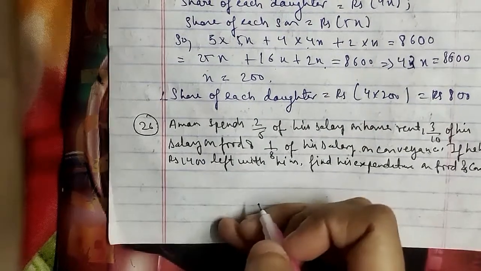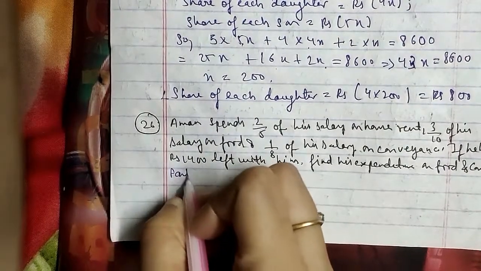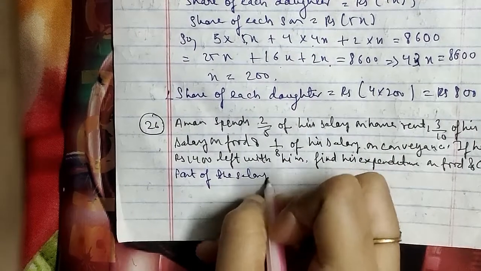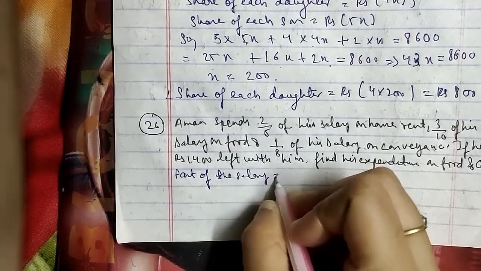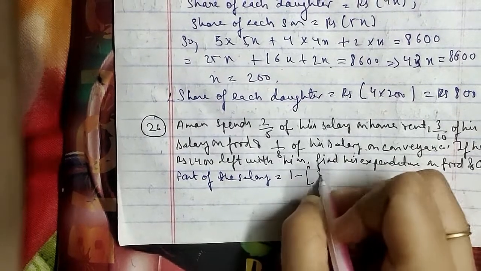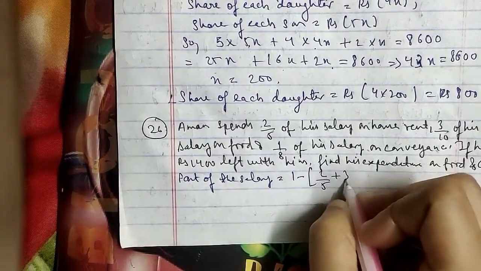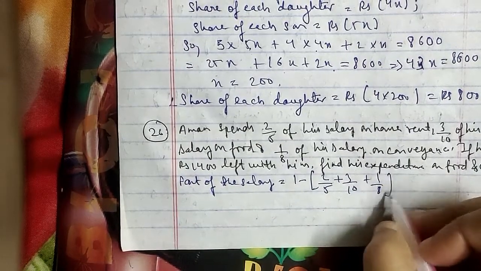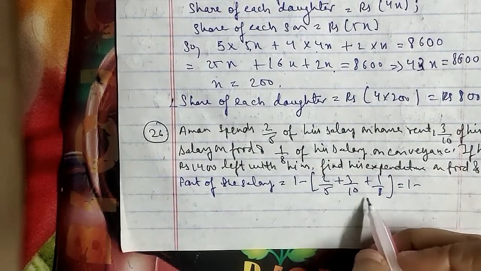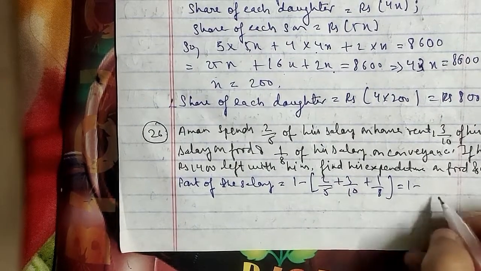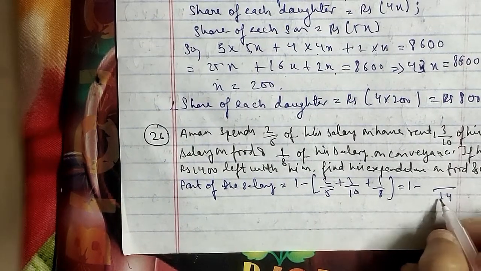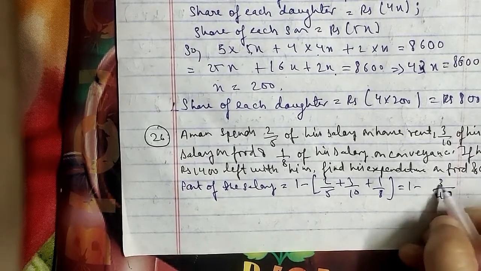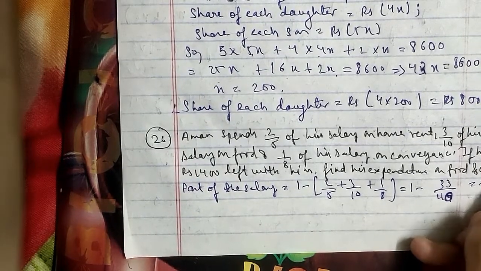Part of the salary left is equal to 1 minus (2 upon 5 plus 3 upon 10 plus 1 upon 8), which is equal to 1 minus, taking the LCM as 40, 33 upon 40, which is equal to 7 upon 40.